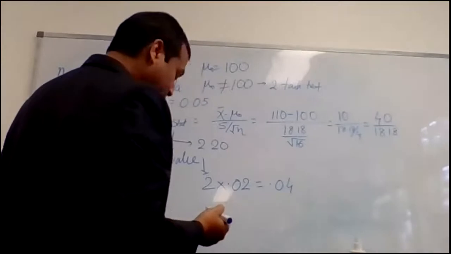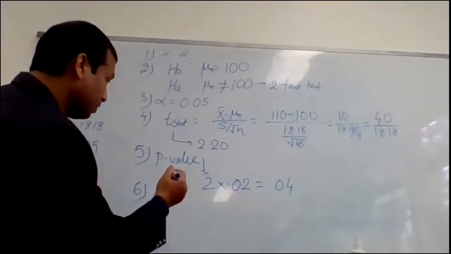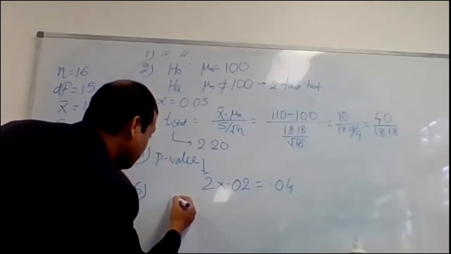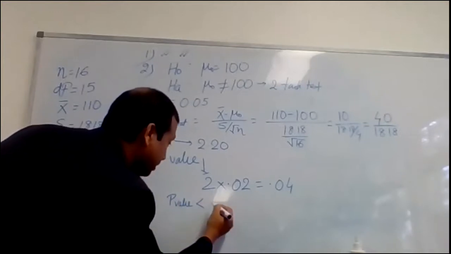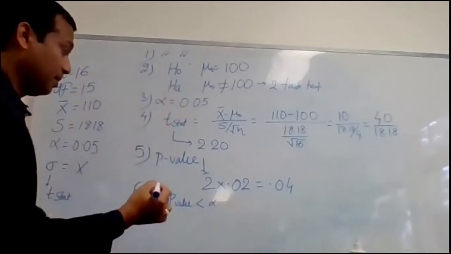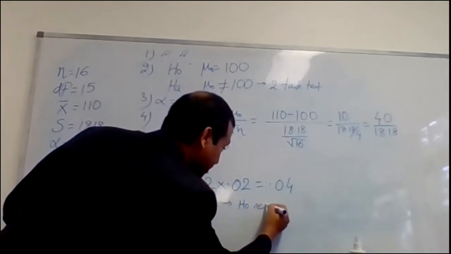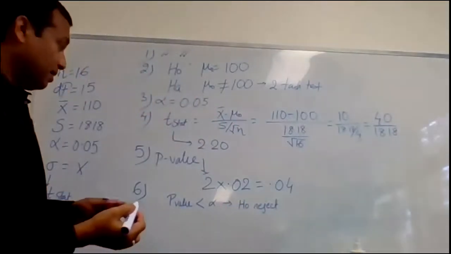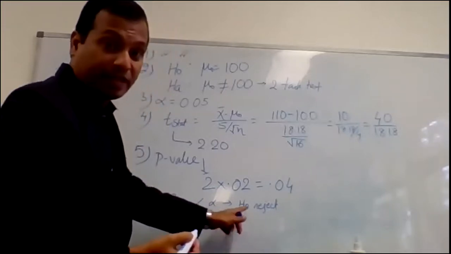What it says: if the p-value is less, h naught must go. So what is the p-value? 0.04. If p-value is less than alpha, h naught reject. That is the rule, right? If p-value is greater than alpha, do not reject h naught.